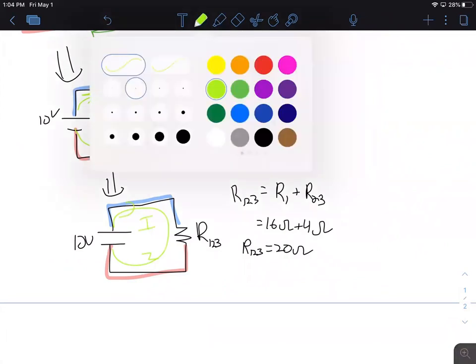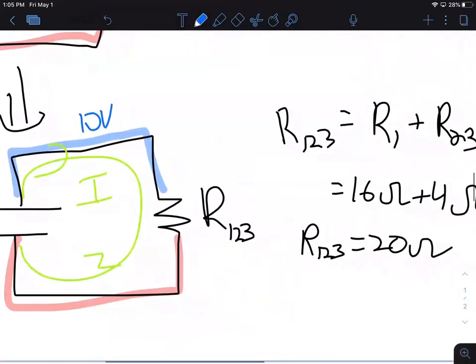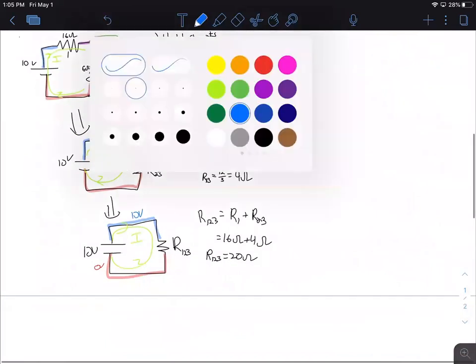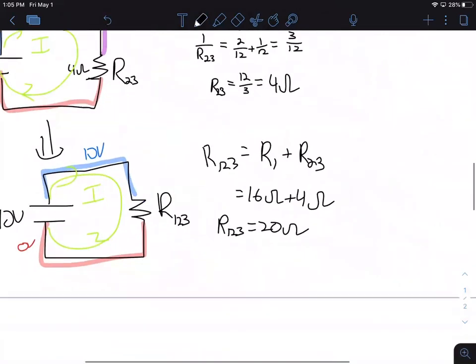This is a very straightforward Ohm's law sort of dealio. If I call this 0 potential, I gain 10 potential. So my resistor, my delta V for R1, 2, 3 is 10.